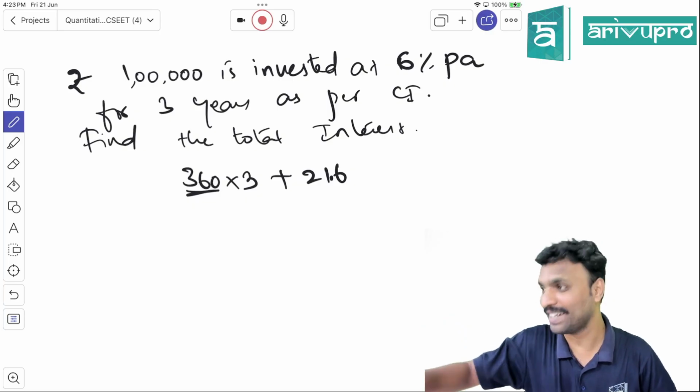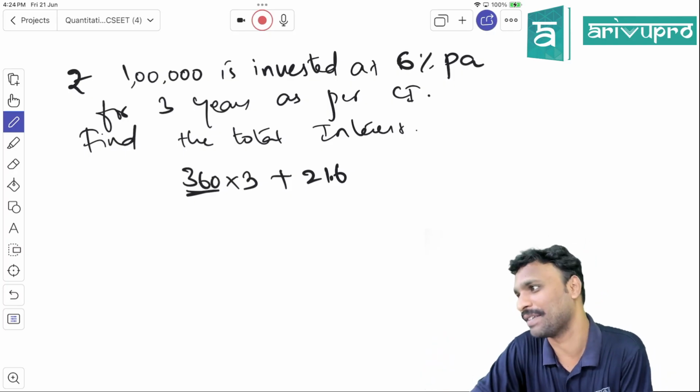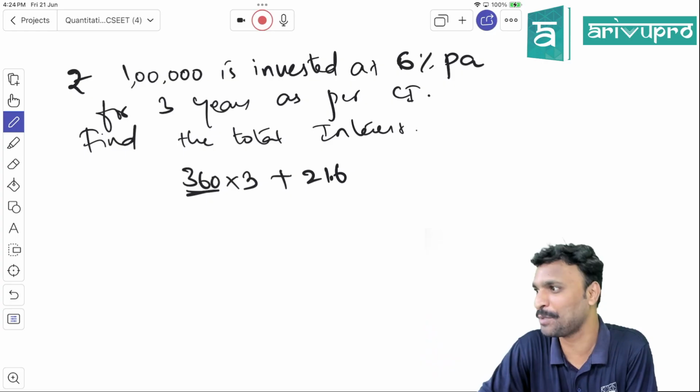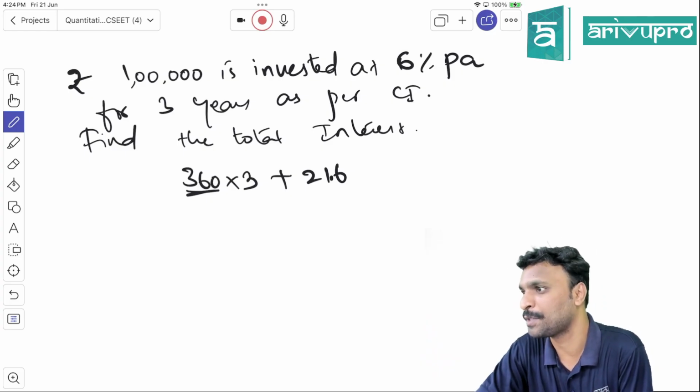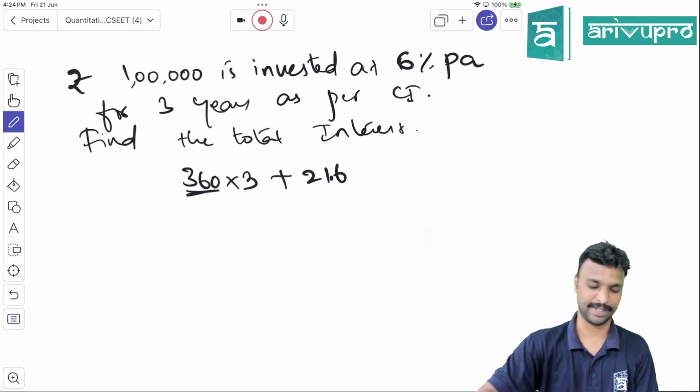You multiplied it correctly, absolutely fine. But where to keep the decimal is very important. It can't be a 3-digit number, it has to be a 2-digit number. How? 10% of 360 is only 36, so how can 6% be 216? So it is not 216, it is 21.6.